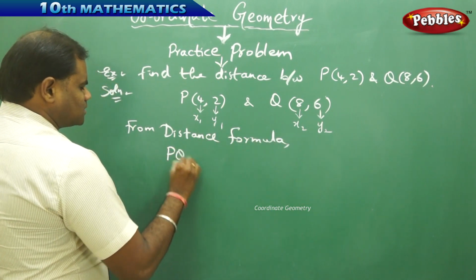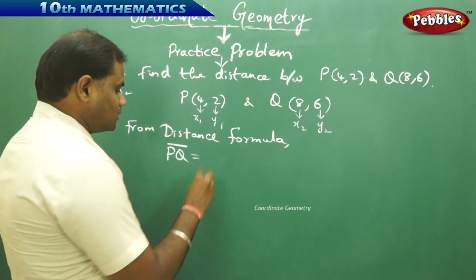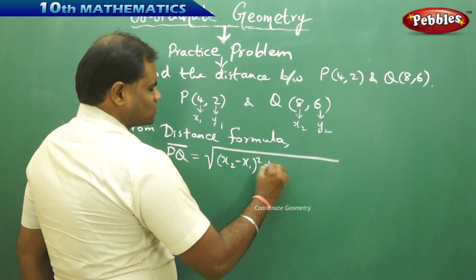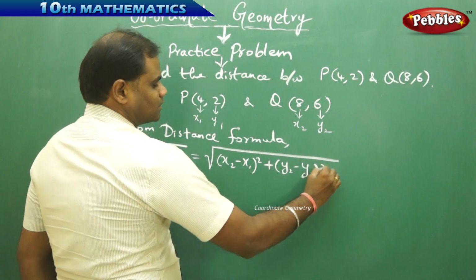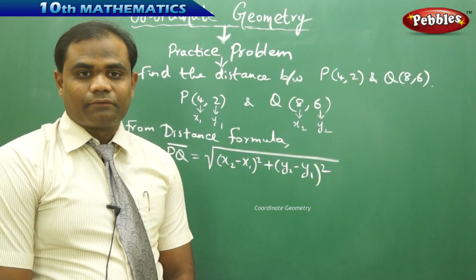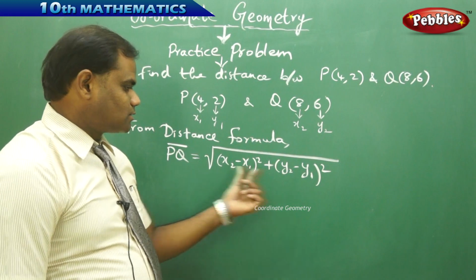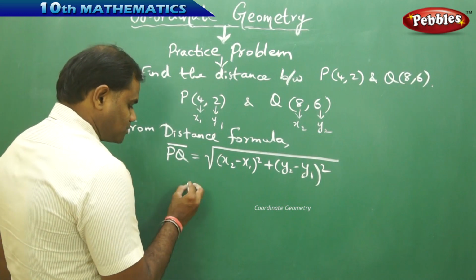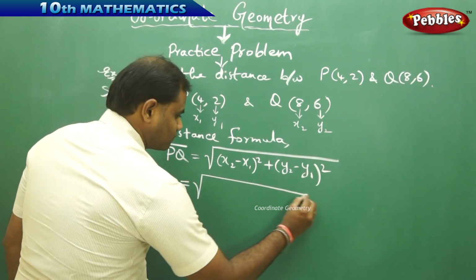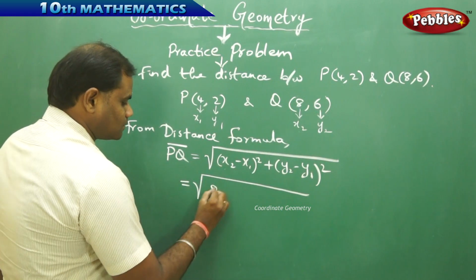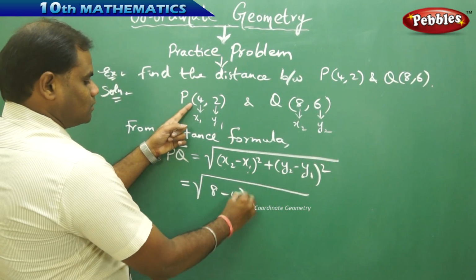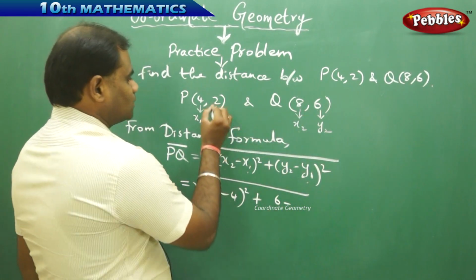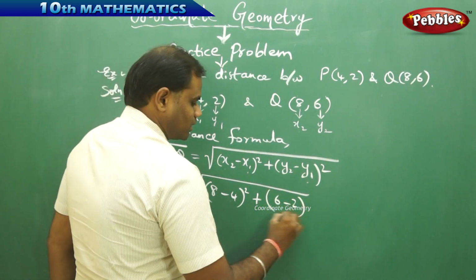I have the distance PQ, which is given by the formula root of (x2 minus x1) whole square plus (y2 minus y1) whole square, wherein I substitute each of x1, x2 and y1, y2 from the given coordinates, which when substituted gives me root of (x2, which is 8, minus x1, which is 4) whole square, plus (y2, which is 6, minus y1, which is 2) whole square.